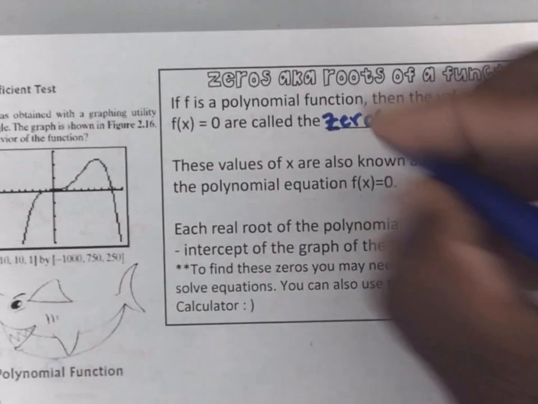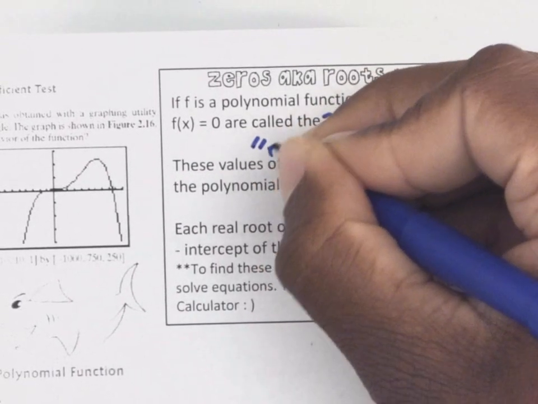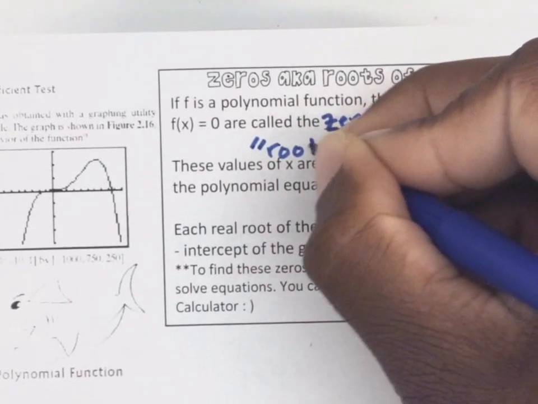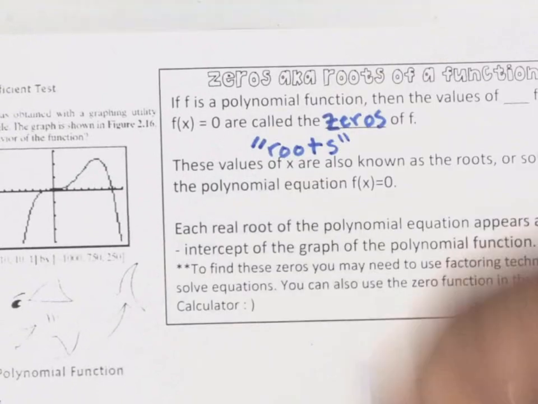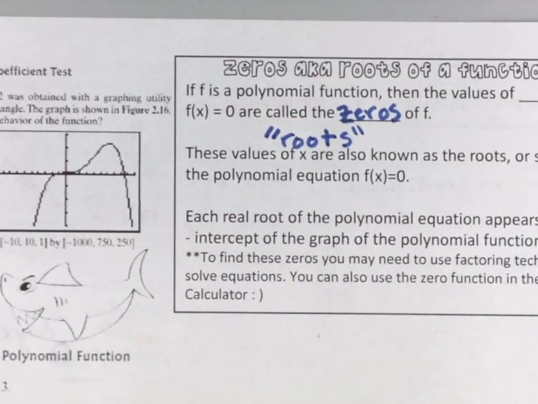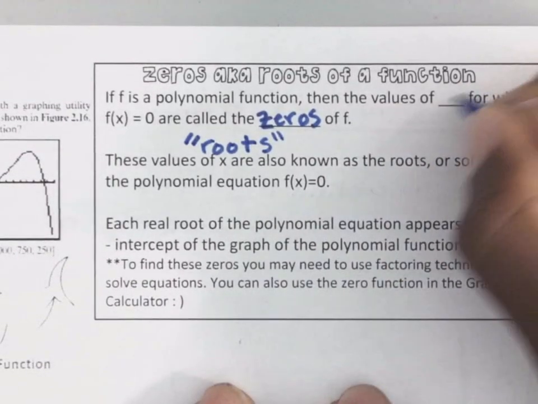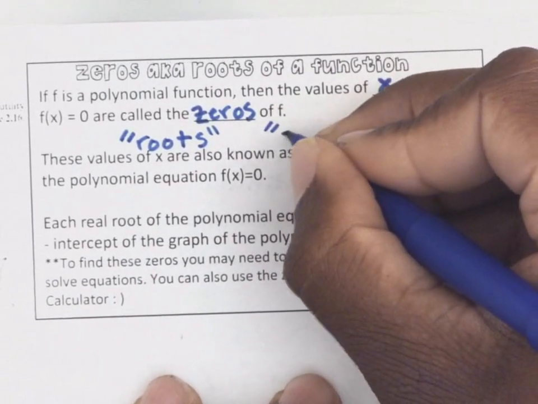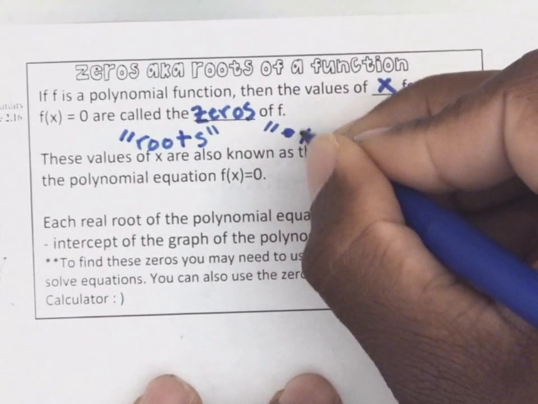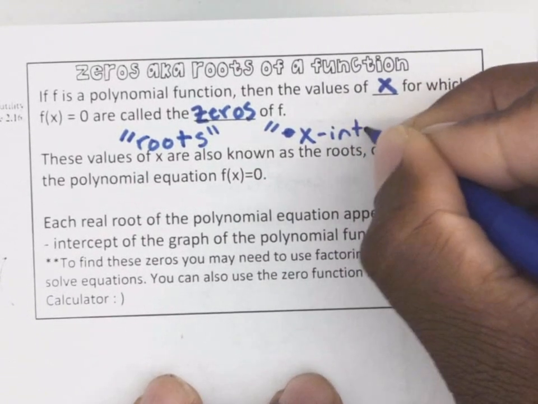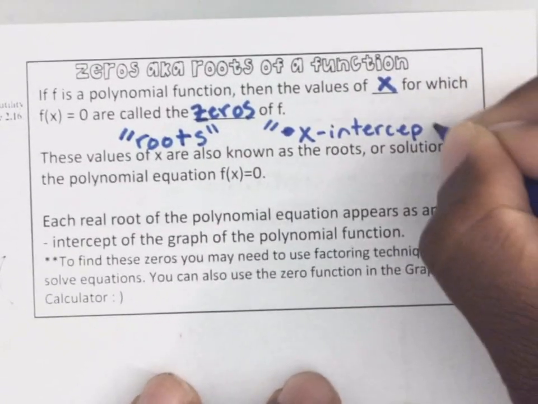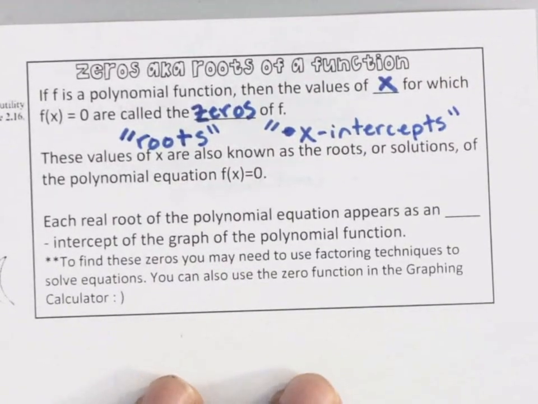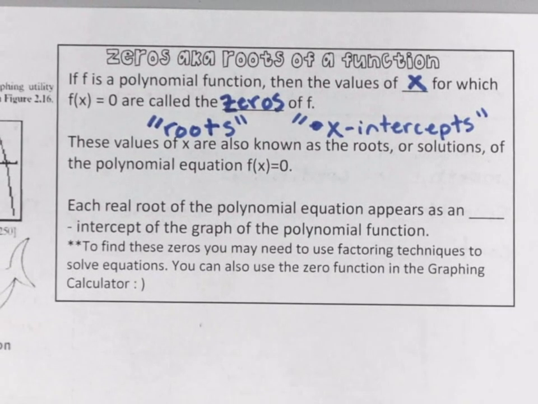We also call them the roots of the functions. Maybe in Algebra 2 you've heard or talked about that word roots. Also known as the x-intercepts of your function.